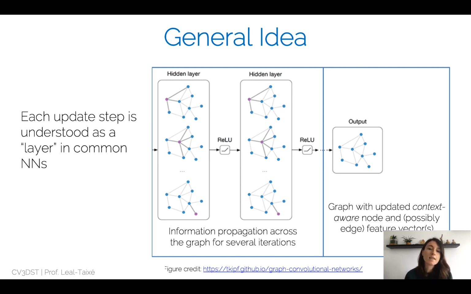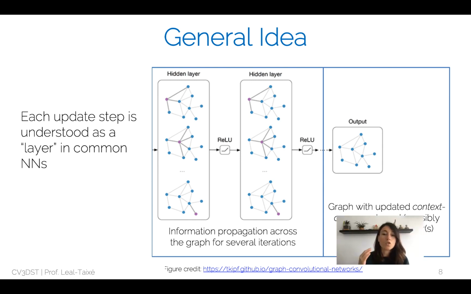So in practice, when we reach the second information propagation step, you are receiving information from a node that is 2 steps away. So the further you go in your information propagation steps, so the more hidden layers you have in your graph neural network, you're actually connecting with nodes that are further and further away.